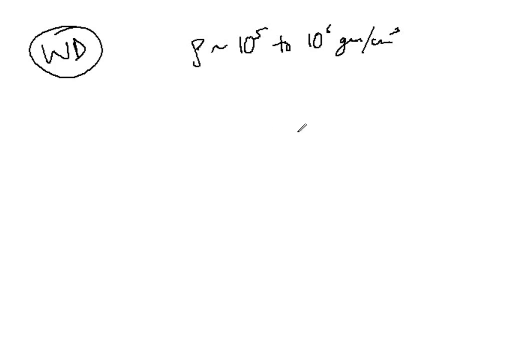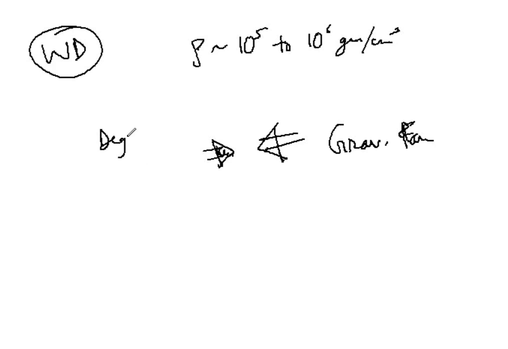Here, the gravitational force is inward, and there is the degenerate electron pressure, and as a result, we have hydrostatic equilibrium in this case, and then we have this white dwarf, right?